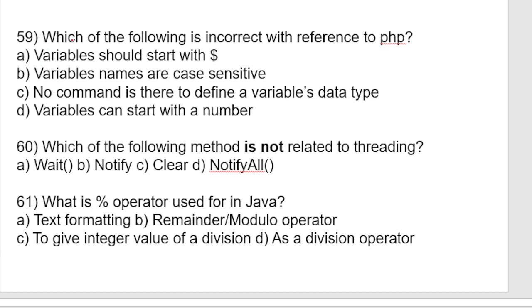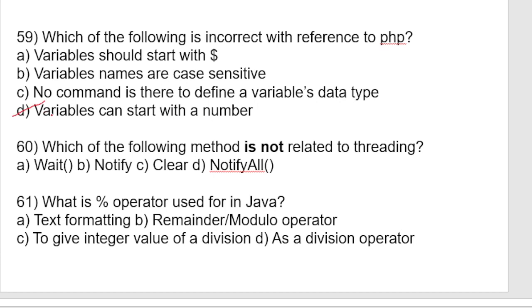Next is, which of the following is incorrect with reference to PHP? So the options: variable should start with $, variable names are case sensitive, no command is there to define a variable data type, variable can start with a number.